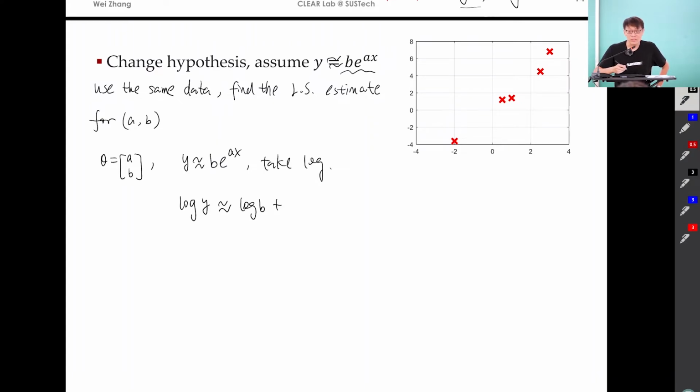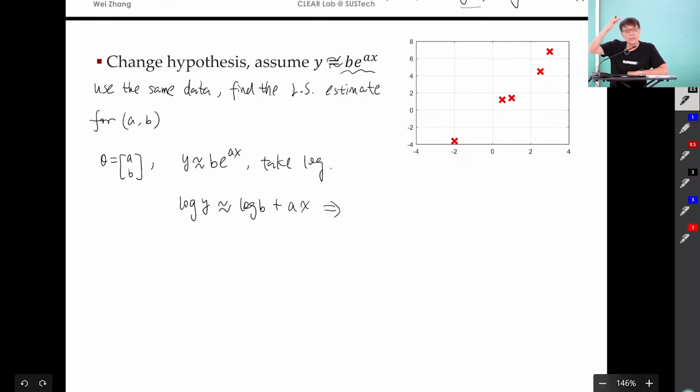Log means natural log. Agree with me? Now I'm asking you, can you use the least square to estimate the best a and b? Not directly, but you have to change variable.